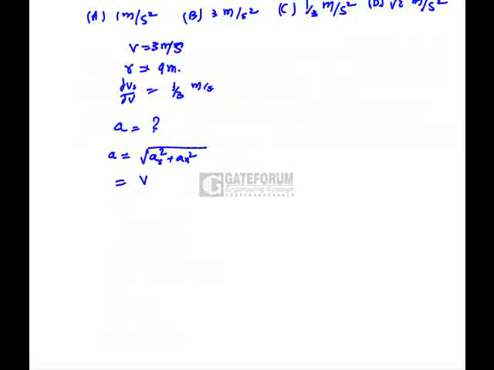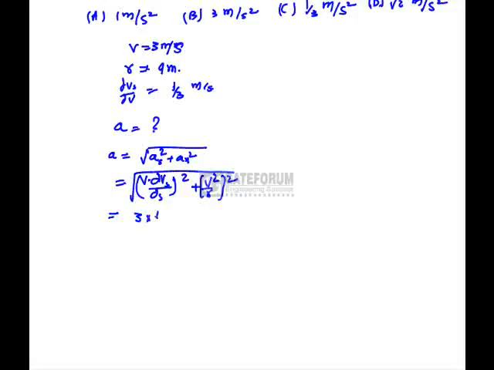As is V into dou V by dou S, whole square, plus V square by R, whole square, under root. V is 3 meters per second.